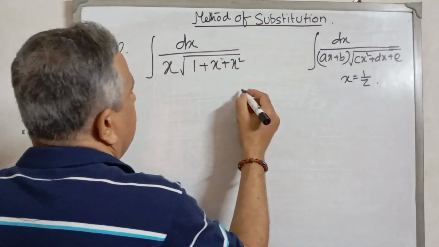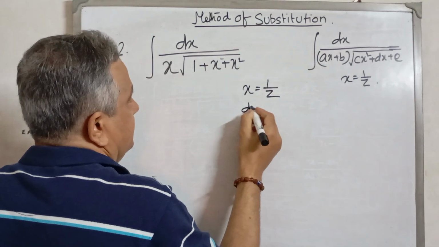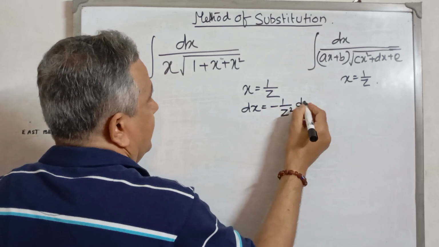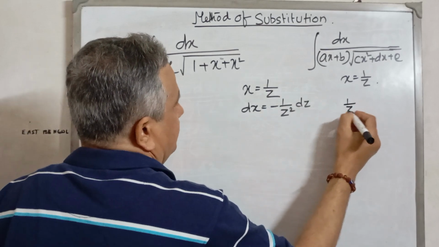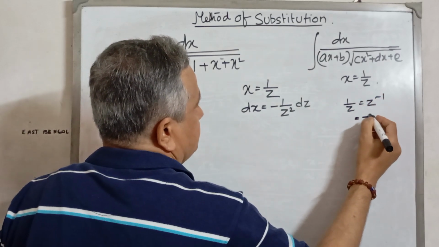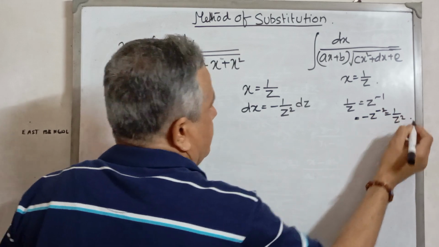Here we put x equal to 1 by z. Now differentiate. Dx is equal to minus 1 by z square dz. This is the differentiation: 1 by z we can write as z to the power minus 1, so the differentiation is minus z to the power minus 2, that is minus 1 by z square.